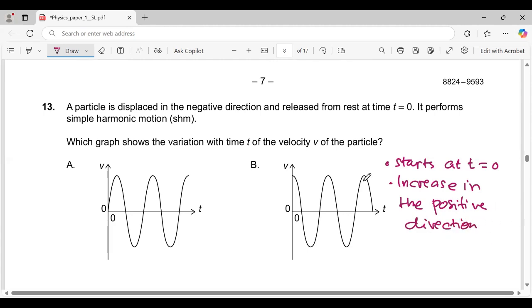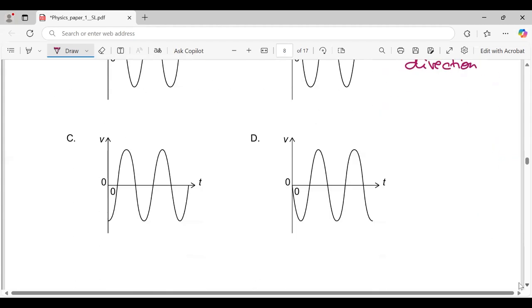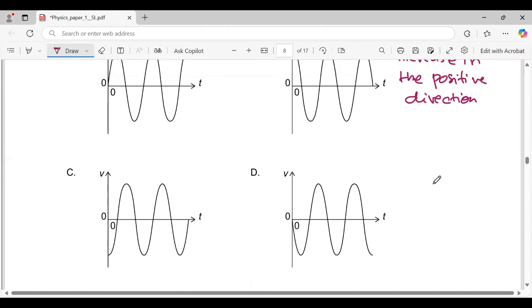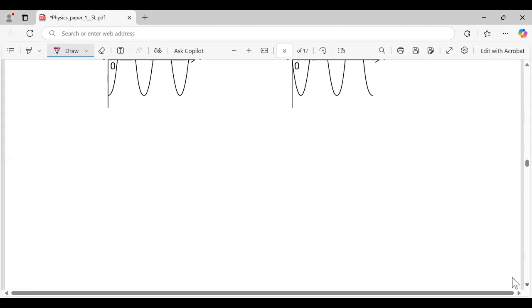So the correct option is A, because it starts from 0 and goes in the positive direction. This one is incorrect because it does not start from 0. C also does not start from 0, even though it goes positive. D starts from 0 but does not increase; it decreases. So the correct option is A.